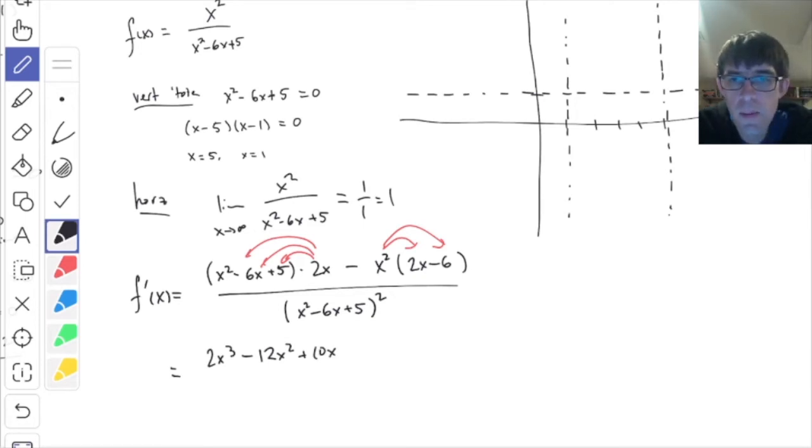That's what I get when I multiply 2x times each of those things. And then I'm going to distribute the x squared over those other two things, negative x squared. So it begins with negative 2x cubed and then plus 6x squared.